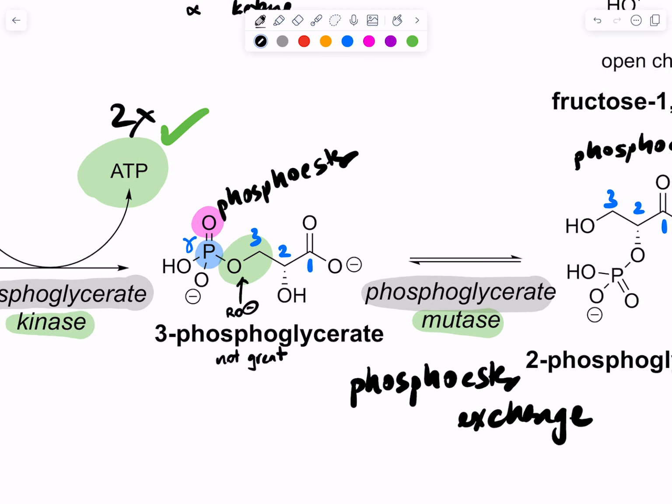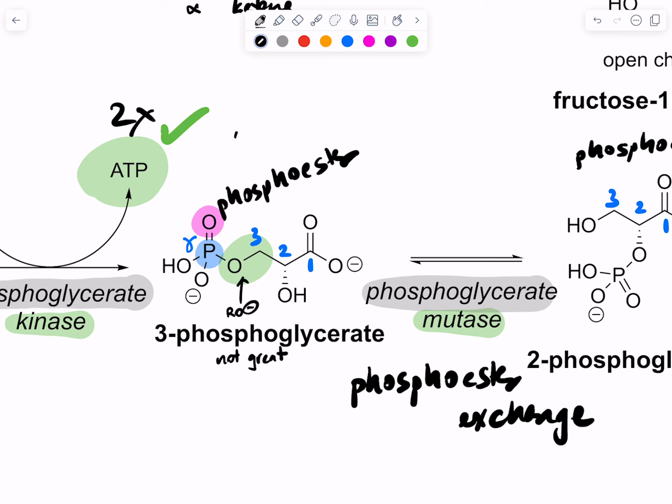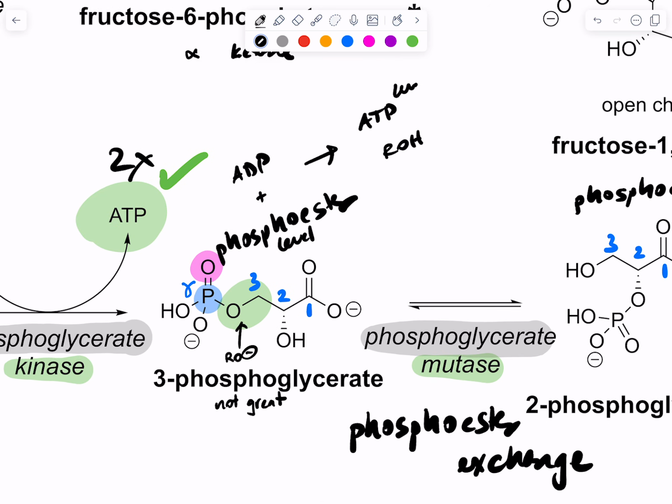And you can see this if we tried to take ADP right now plus the phosphoester and go to ATP and an alcohol, that would be going from level 2 to level 1. That would be uphill.